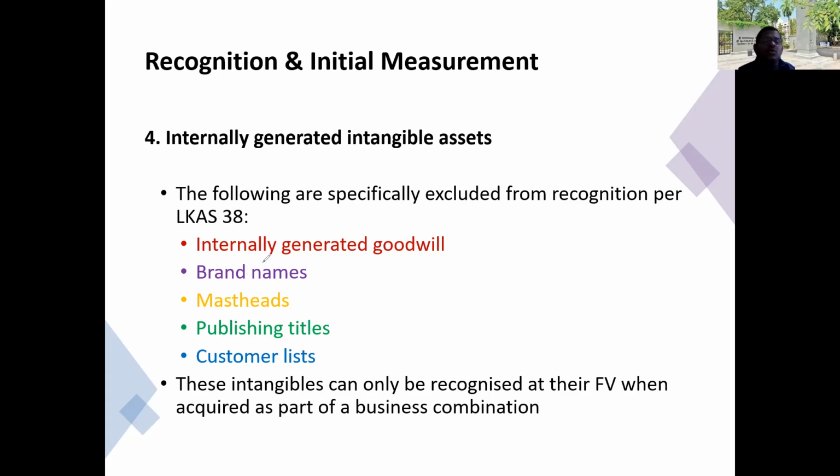Even though you have internally generated intangibles, these types of internally generated assets we are not recognizing. No internal brand names, no internal mastheads, no internal publishing titles, no internal customers. Is it clear? Okay.